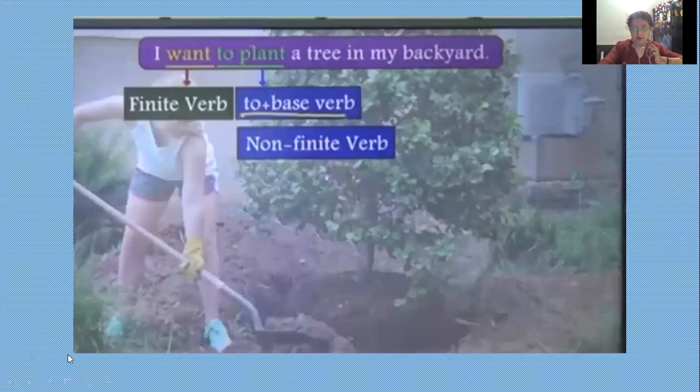So let's move on. I want to plant a tree in my backyard. Again, there are two verbs here. Want is a finite verb, affected by the tense and the number. To plant is not affected. To plant, that is to plus base form, is a non-finite verb.